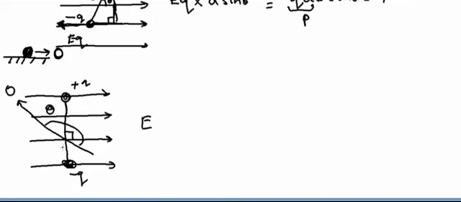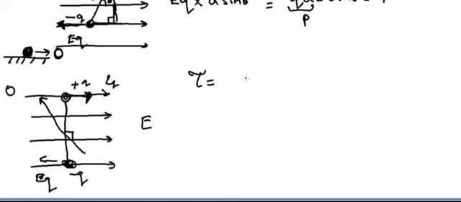So, let me put it as 0 at 90 degrees, and I will find the potential energy for the general case where it is at theta. Obviously the forces acting on it are EQ here and EQ here, and we just derived the total torque acting on it in this direction.